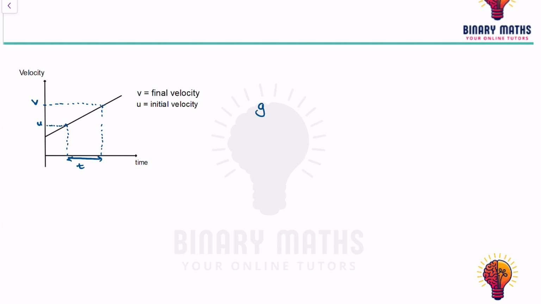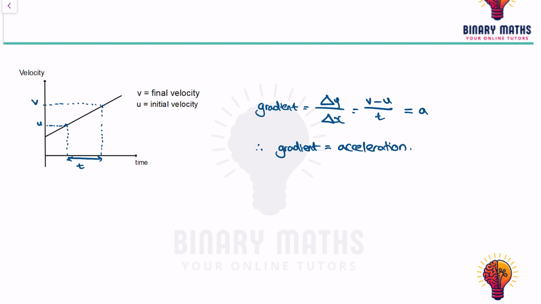Then the gradient is equal to change in y over change in x, which is equal to v minus u over t. Now we know that that is obviously the formula for acceleration. So therefore, gradient is equal to acceleration in a velocity time graph.